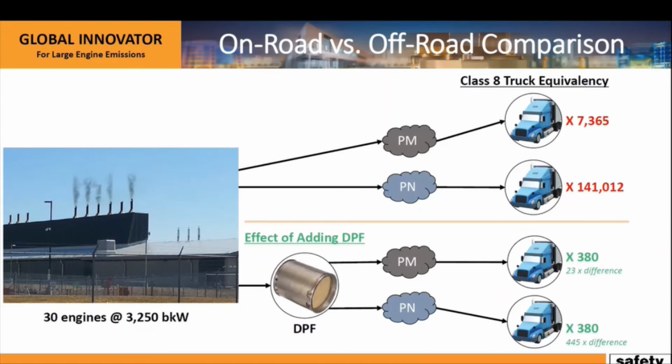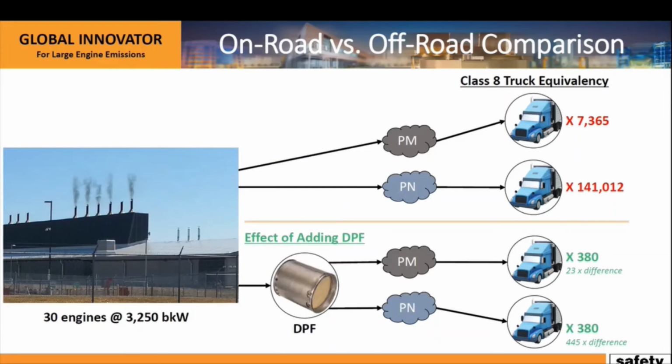So if we apply what we had in the previous slide and multiply by 30, in terms of PM emissions, for a data center we're looking at just over 7,000 trucks. And for PN, we're looking at over 140,000, right, for a single data center site. So that hopefully paints the picture a little bit.